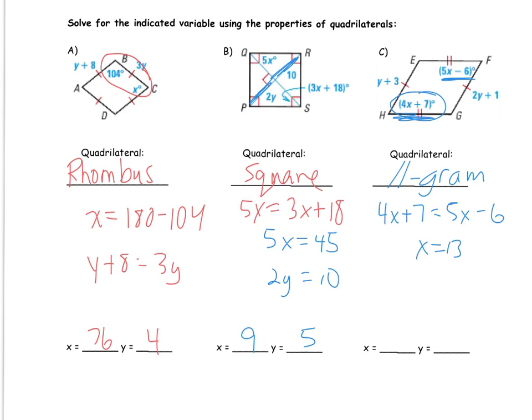All right, solving for y. Okay, she says that y plus 3 equals 2y plus 1. The tick-tick gives it away. The opposite sides are congruent to each other. y is equal to 2. All right, any questions?